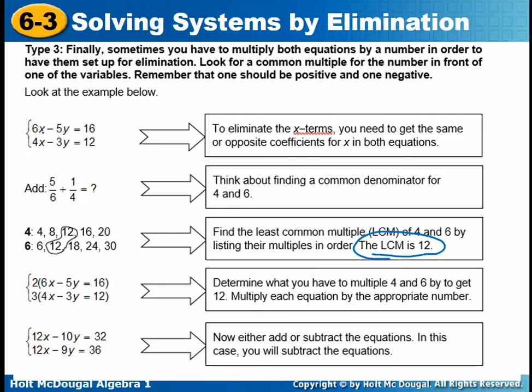So instead, I could multiply the top by 2 and the bottom by 3. Then I would have 12x and 12x. But I could multiply the top by 2 and the bottom by -3. And that way, I would have this all set up for elimination.